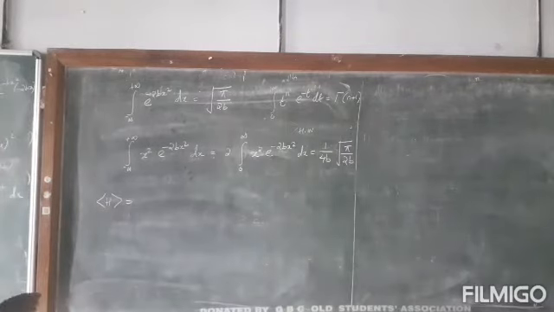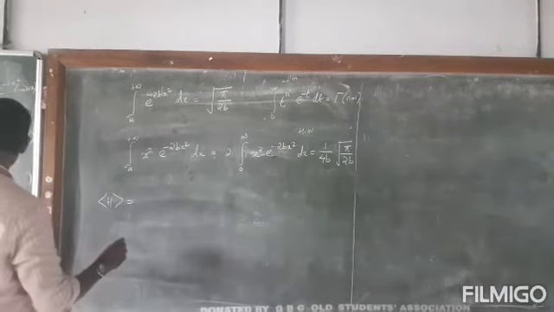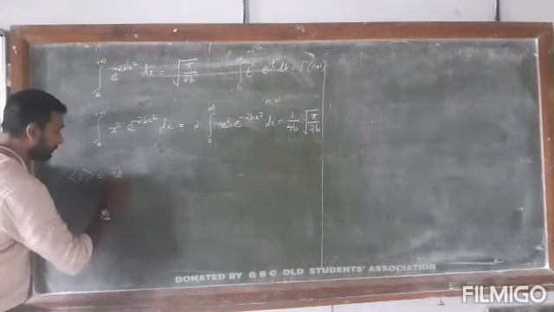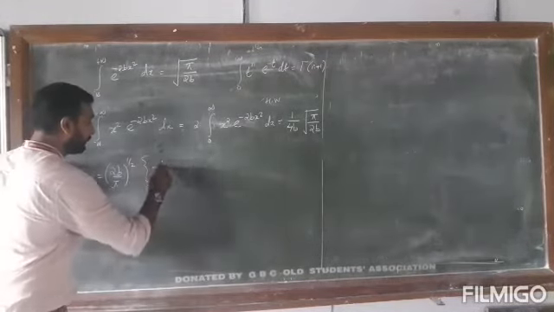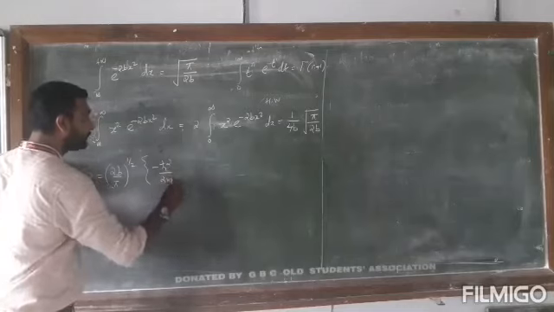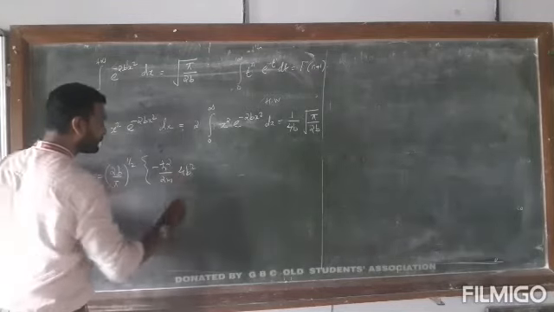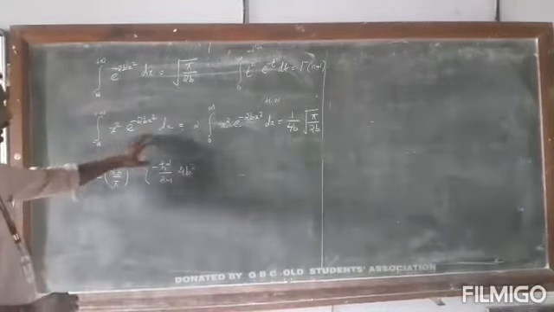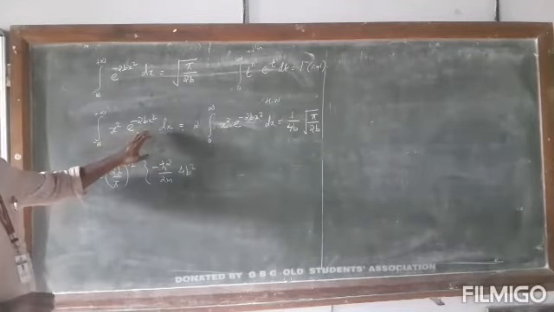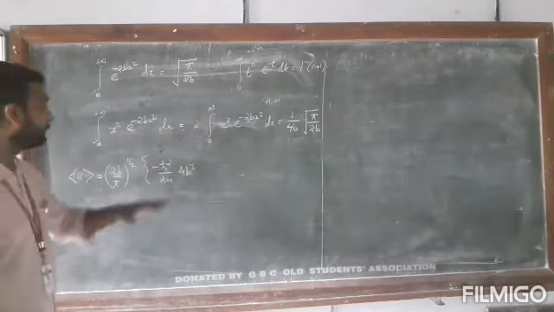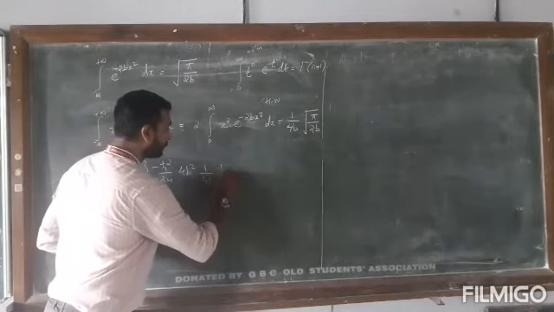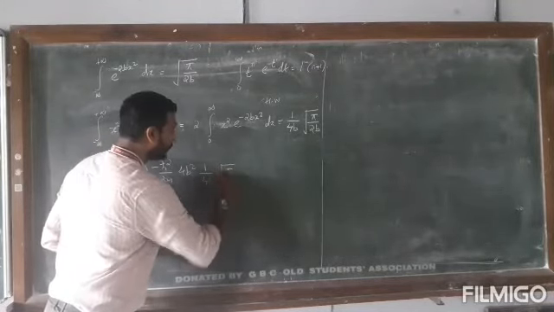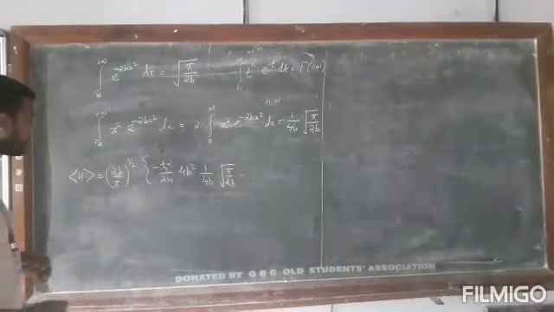If you look at the Hamiltonian, that would be (b/π) raised to 1/2, then minus ħ²/2m for b², then we get this integration, minus x² e^(-2bx²) dx, and that is nothing but 1/4b times root(π/2b).